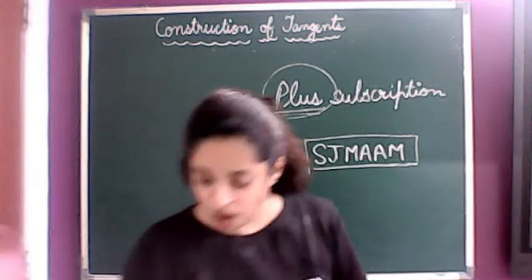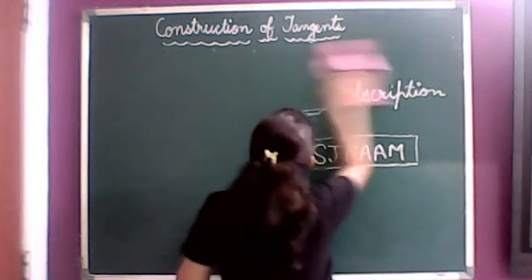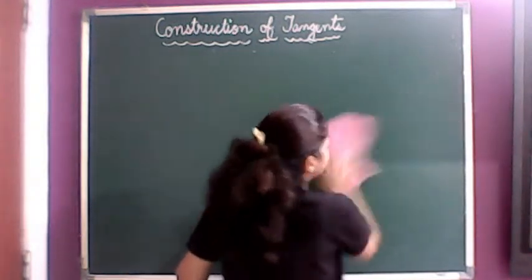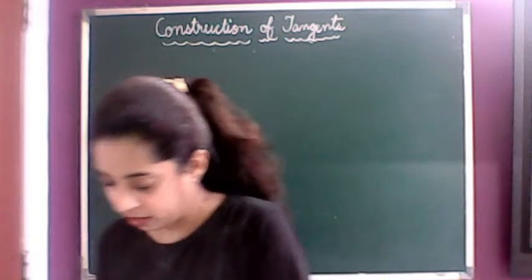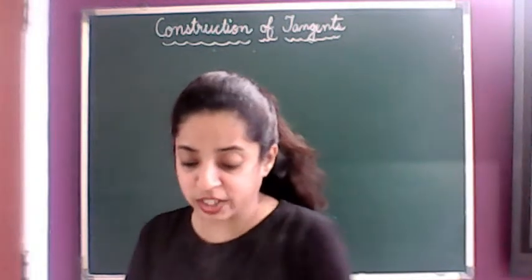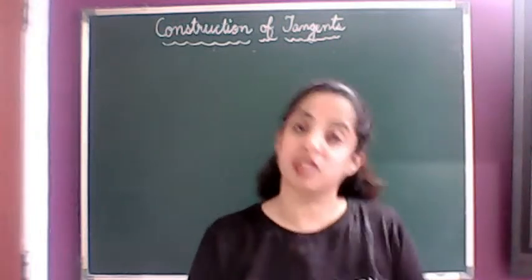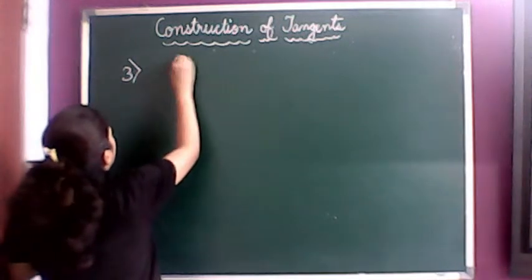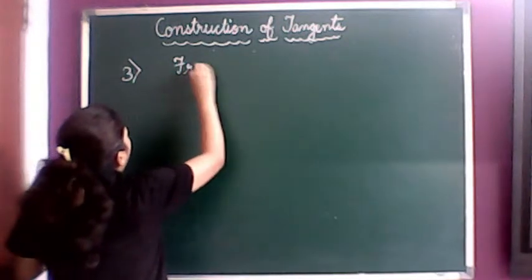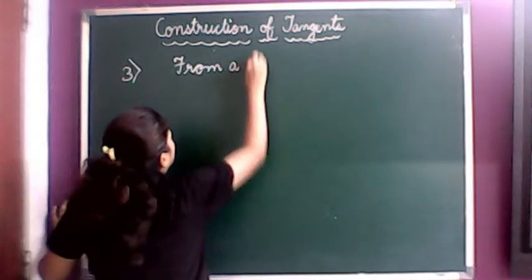So let me go ahead, my dear children. Let's talk about the third construction. What is the third type of construction? To construct a tangent to a circle from a point outside the circle.